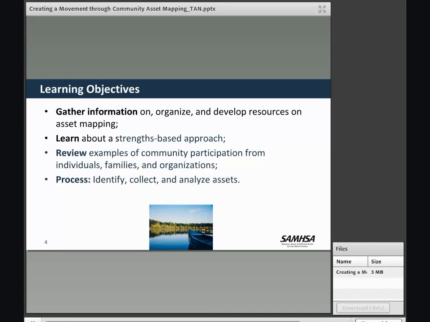It really emphasizes the positive ability of communities to develop problem-solving approaches based on the strengths of their community members and their institutions and different structures. It takes a lot of community participation. It's an exercise that encourages that, so everyone and anyone can be involved. It can be a process that's led by tribal leaders to youth.